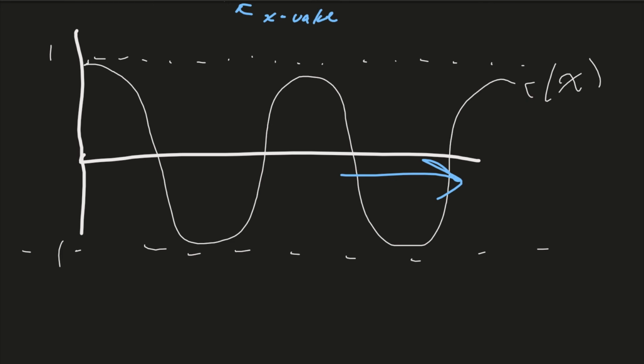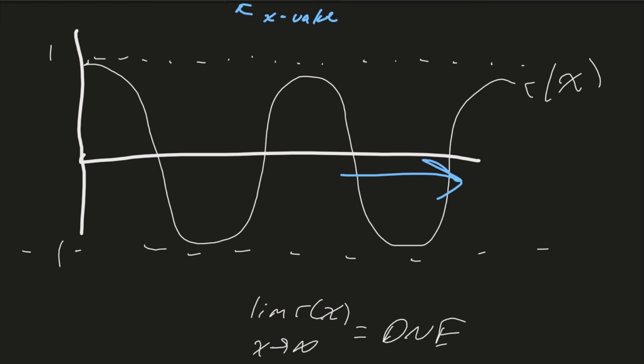So as x approaches infinity for function r of x, we're going to find that the function actually does not have a limit. It does not exist. Why is that? Well, like I said, there is no single value that we're moving towards as we get further and further away on the x-axis. As a result, we're not moving towards infinity, we're not moving towards negative infinity, we're not moving towards a finite number.